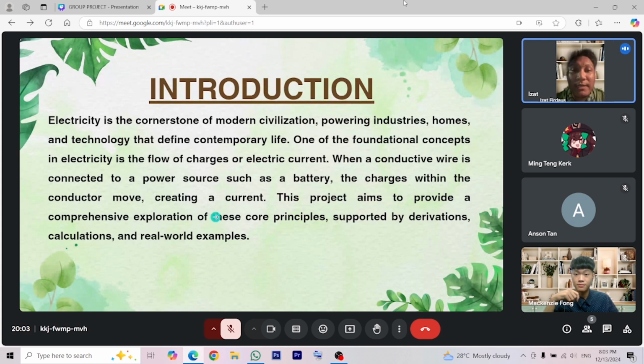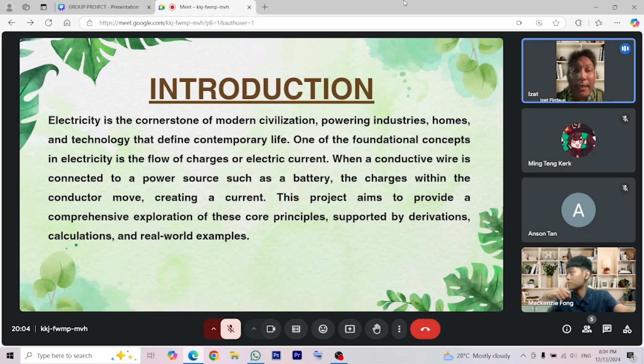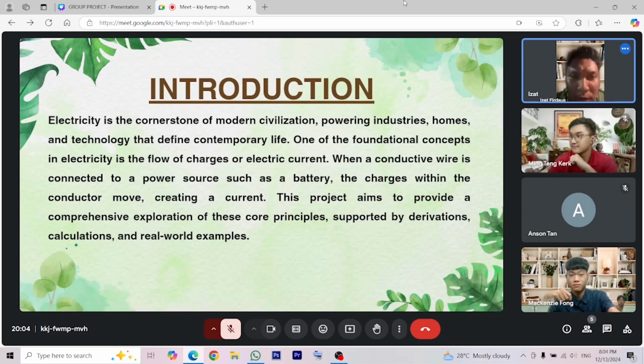Electricity is the cornerstone of modern civilization, powering industries, homes, and the technologies that define life. One of the foundational concepts is the flow of charge, or electric current.